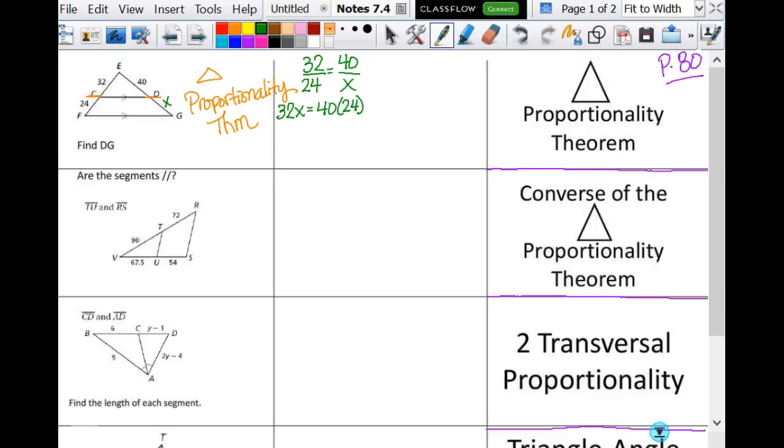Okay, so 40 times 24 is like doing 4 times 24 and then sticking a 0 on it. Multiplying by 4 is like doubling it and doubling it again. So this is going to give me 32x equals 960, which means x equals 960 divided by 32.